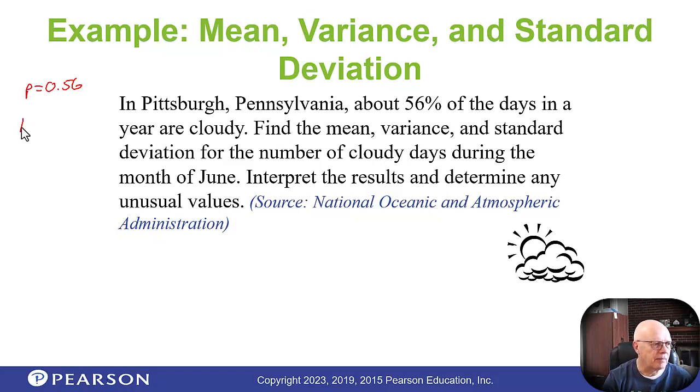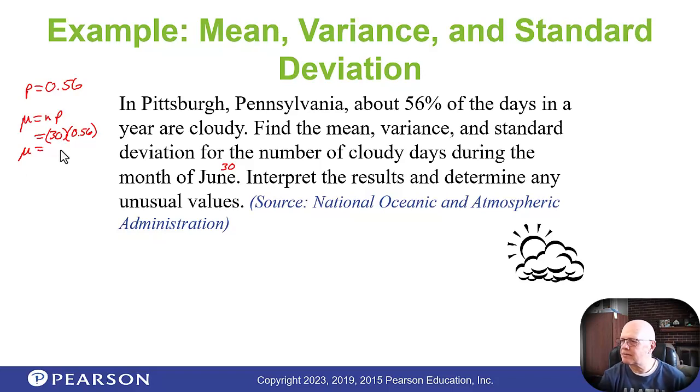So the mean is n times p, and we're talking about the month of June, and the last day of June is the 30th, so we'll have 30 days times the probability, which is 0.56, and that will give us our mean.